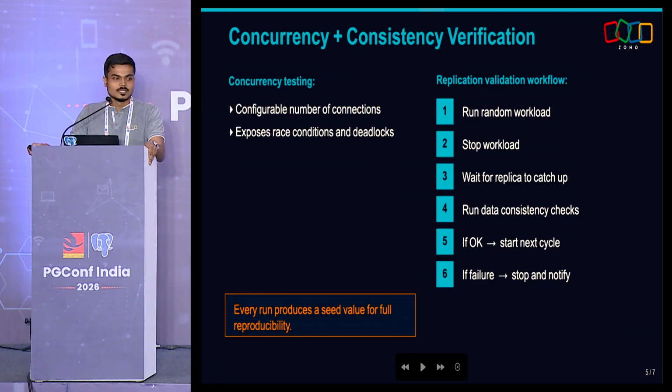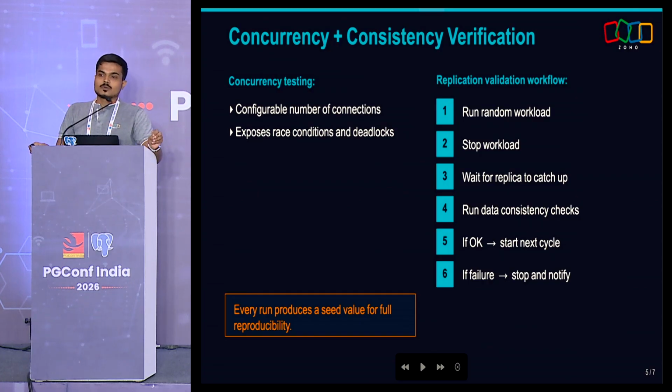If everything is okay, start the next cycle. If something fails, it will stop and report. After reporting, you can check the logs. If there is a crash, you can use a debug build of PG with address sanitizers and debug the failure.